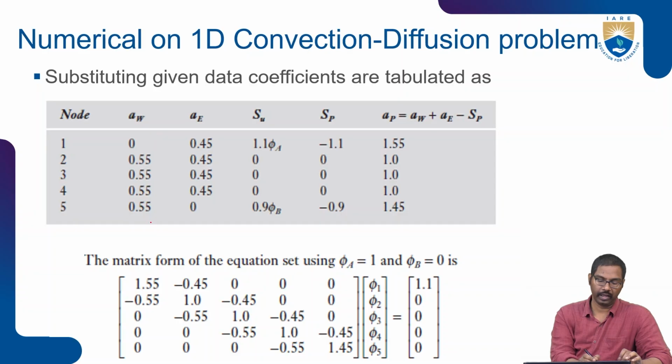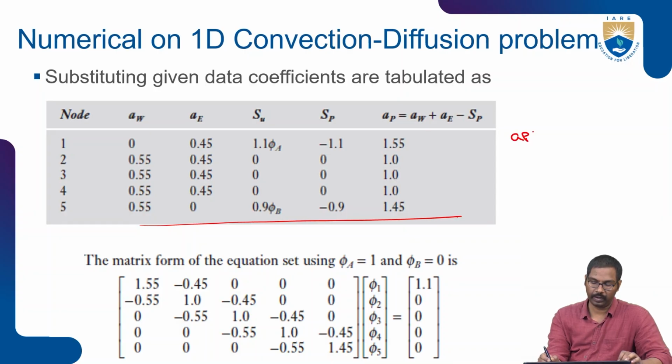So here we have taken the values. Initially the equation is AP phi P equal to AW phi W plus AE phi E. For the first node, we are going to consider AP as 1.55.